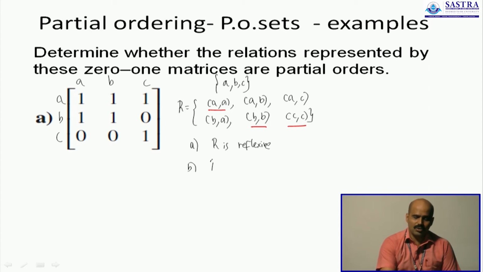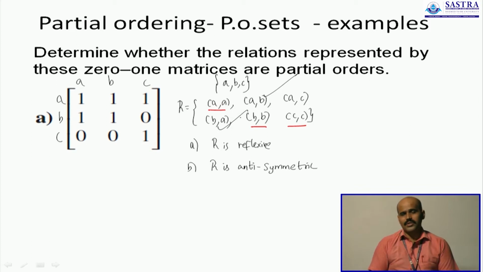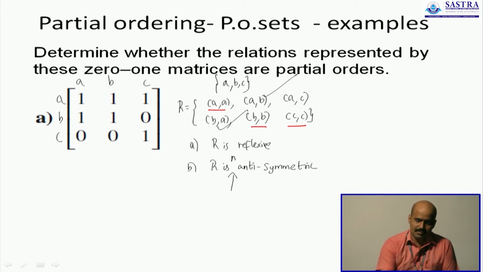But R is not antisymmetric. This is along the same lines as the previous problem, because we see that for two distinct elements A and B, you have both AB and BA part of the set. You are supposed to have only one of them or none of them. It is okay if both AB and BA are absent, but if one of them is present, the other should be absent. So we have both AB and BA as part of the set, which means this relation is not antisymmetric.